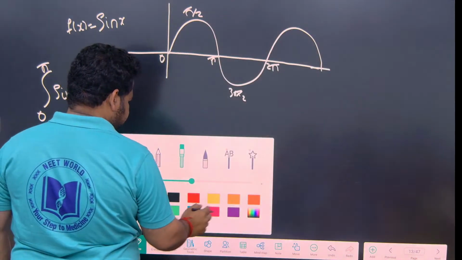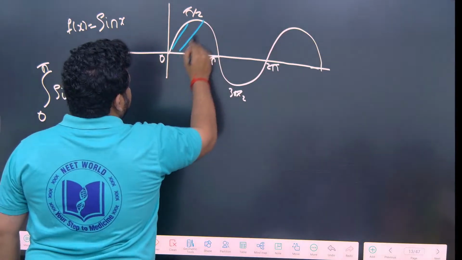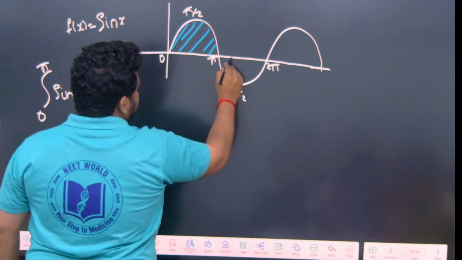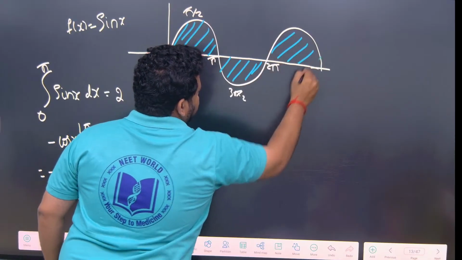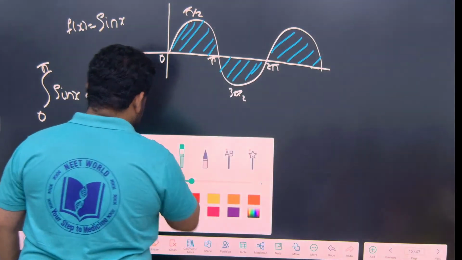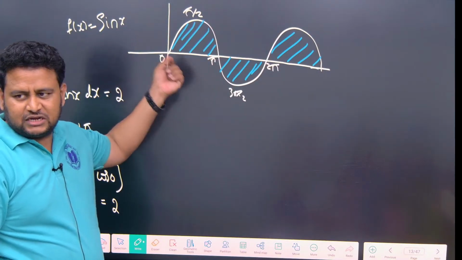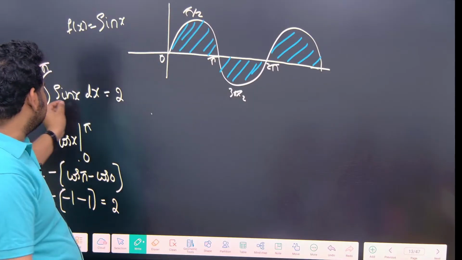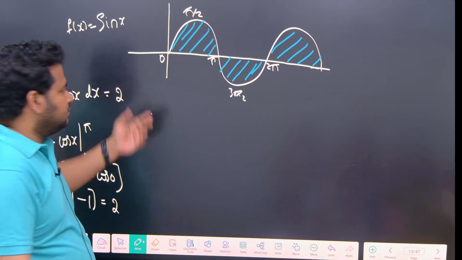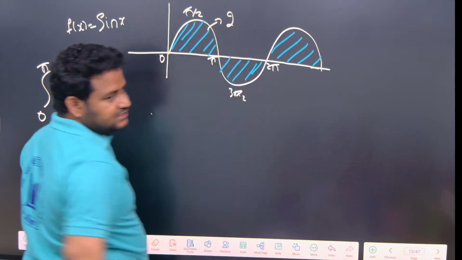Now observe here carefully. I took 0 to pi, and the integral of sin x dx from 0 to pi, I got 2. For this entire thing the answer is 2.